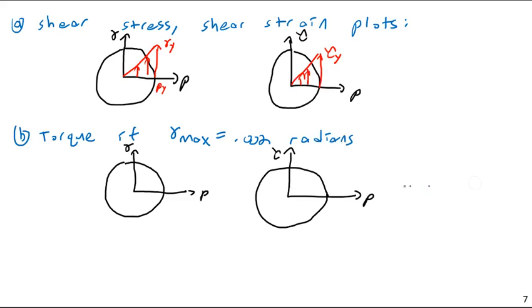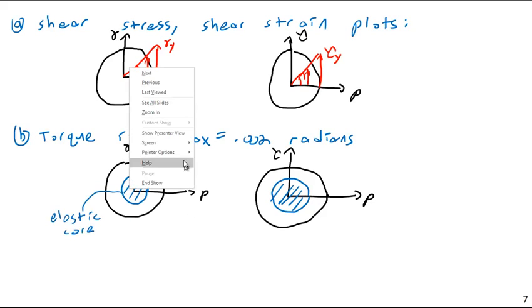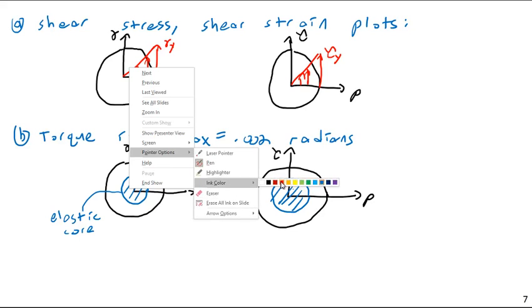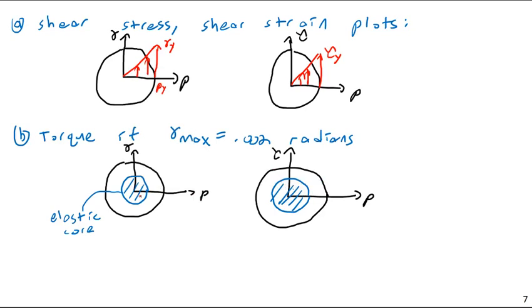All right, and I'm going to show the elastic cores in blue. This is the elastic core, and the same on the one on the right. All right, now this strain here. The strain is just going to linearly increase all the way to the outer surface. So the strain is just going to start at 0 and linearly increase all the way across the cross section as we get to higher and higher radii.